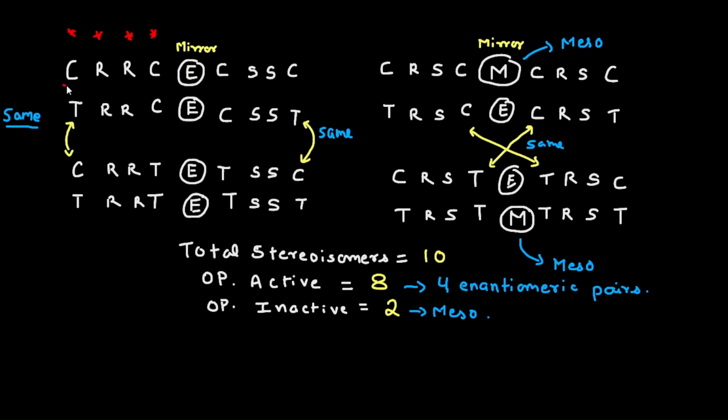The first position can be cis, the two chiral carbons can be R, the last geometrical possibility can be cis. Next, this can be trans, this can remain R, and this can be cis. Similarly, if you take this as cis, these two as R, this as trans. This as trans, both remaining R, this is trans.